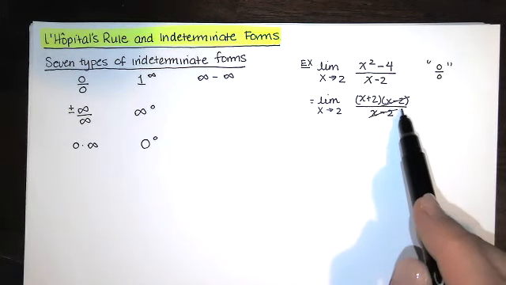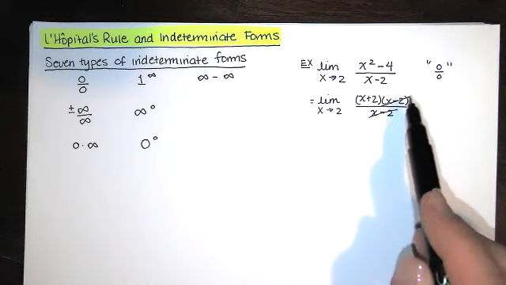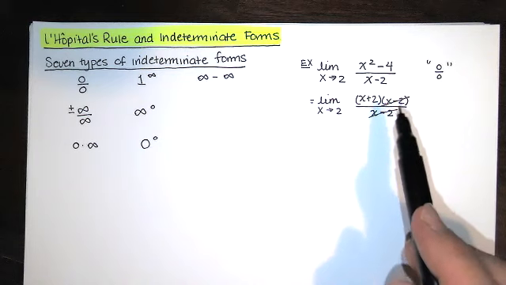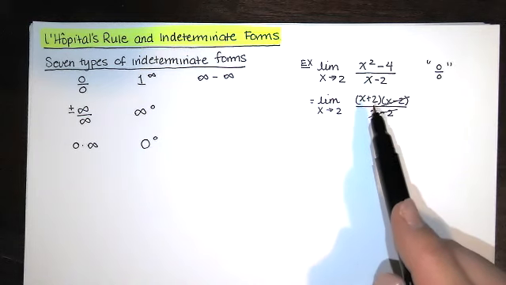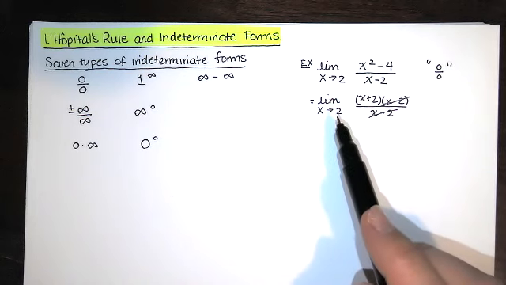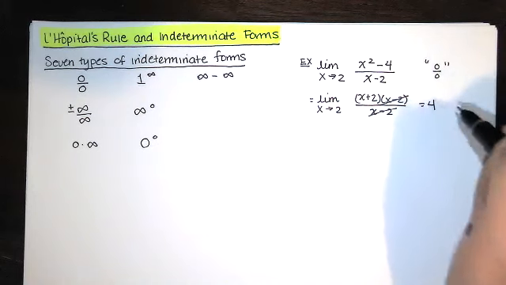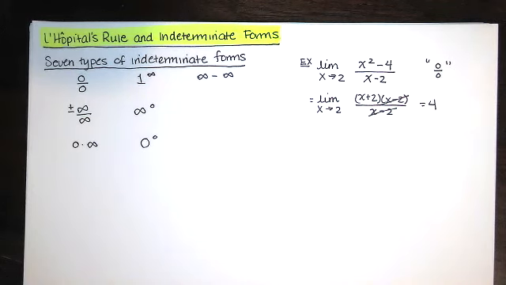So this x minus 2 is not 0 at that point. I end up with a number divided by itself, and a number divided by itself is 1. So the limit of this function is equal to the limit of this function. And this function is continuous at 2. So I can just plug in 2, and the limit happens to be 4. So that's a 0 over 0 indeterminate form that we were able to evaluate using factoring and reducing.